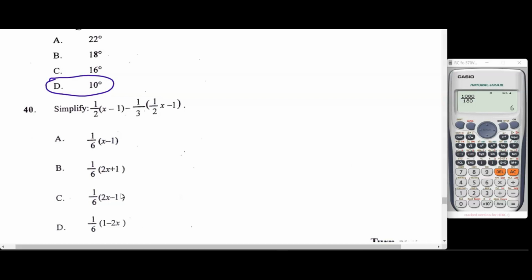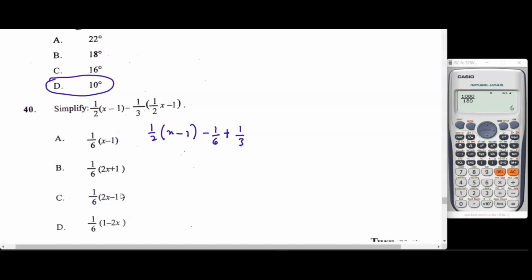So that is going to lead us to 1/2 into bracket x minus 1, minus, when we expand through, we are going to get 1/6 x, then plus 1, since negative 1/3 multiplying negative 1 will give us plus 1/3.